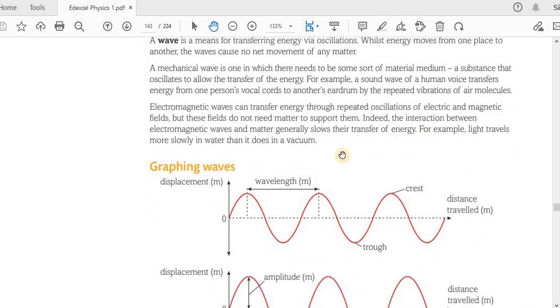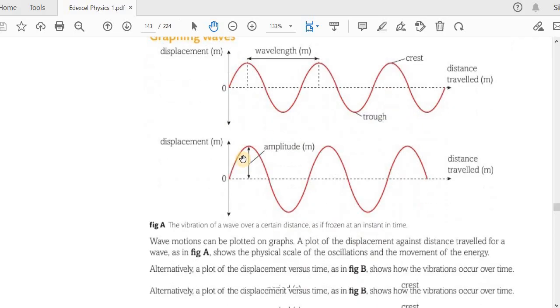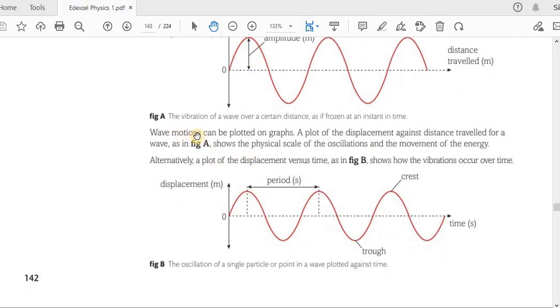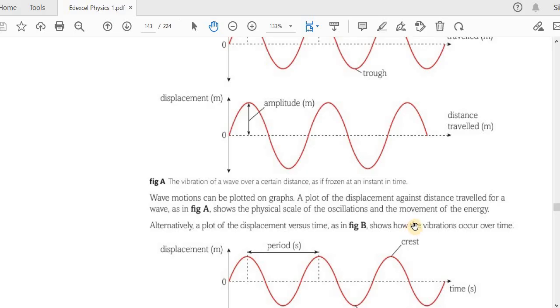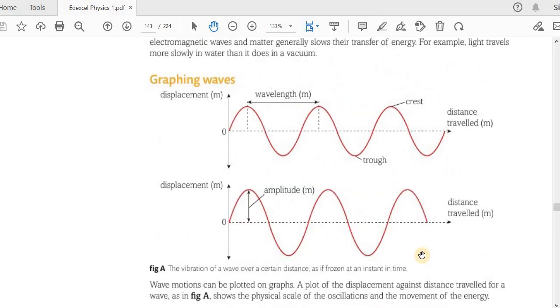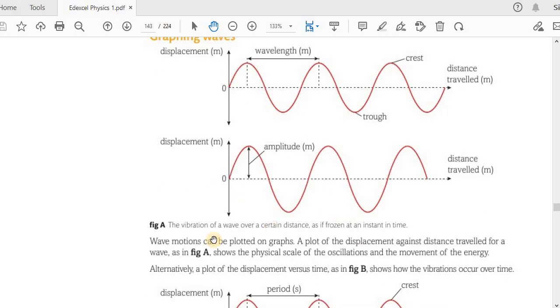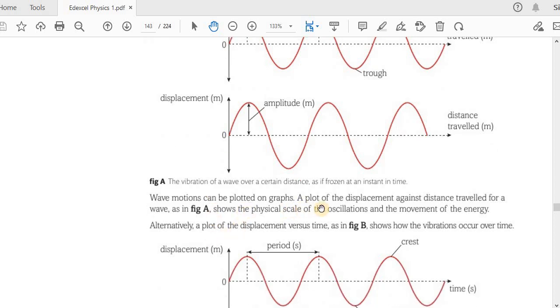Okay, then these graphs I already explained. Wave motion can be the vibration of a wave over a certain distance as if frozen at an instant in time. Imagine you take a photo, so that instant is frozen in time. Wave motions can be plotted on graphs.